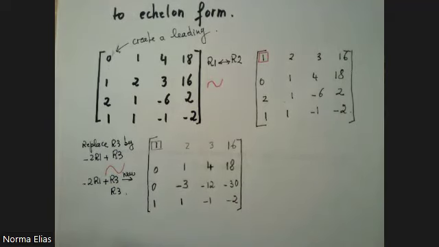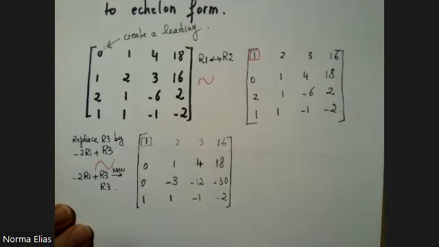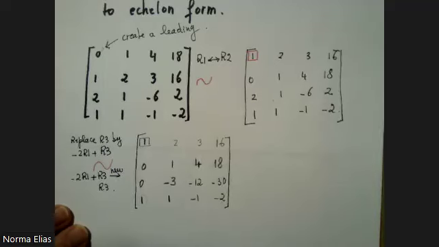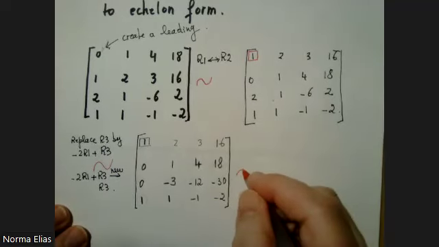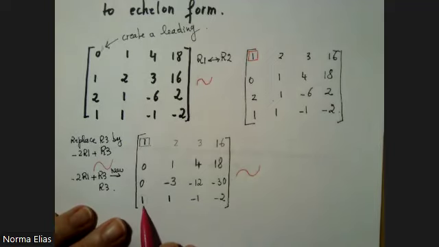Okay, so I'm slowly building my echelon form. All right, so still I have to finish the first column. So I still have a problem here. I want this to be a 0. So again, I need another row operation. So let's see quickly, how can I get a 0 here?